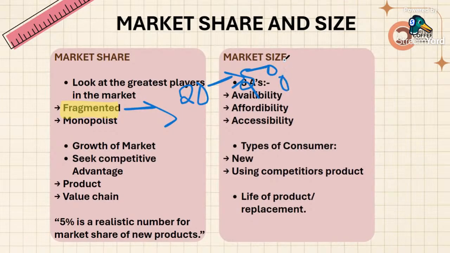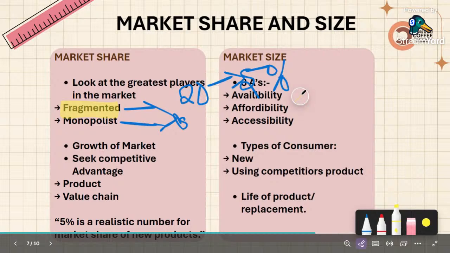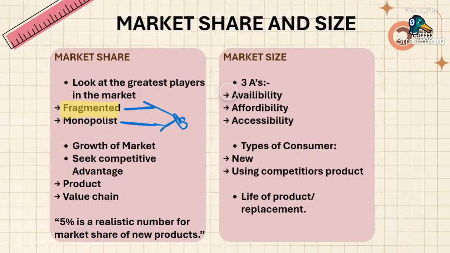Then it is a fragmented market. And let's say there is a monopolist market where there are very few players and they own the majority of the market share. From this, we need to make a certain decision whether the company should enter into this market or not.